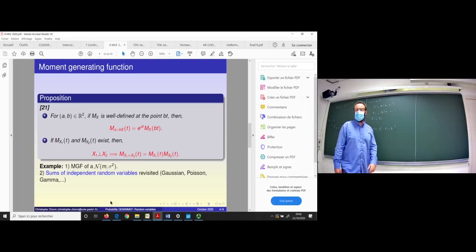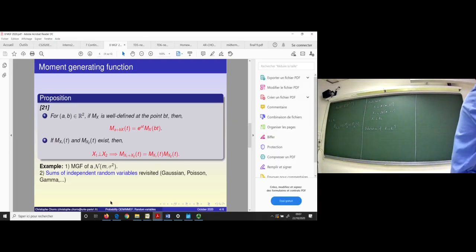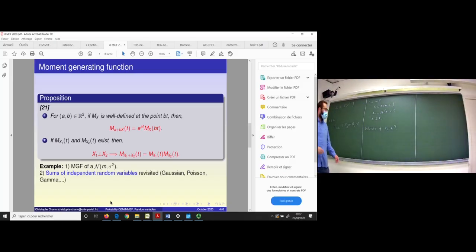So what we will use is this result: the fact that I can compute, in the case of independence, the moment generating function of a sum this way. And I just have to remind what is the moment generating function of a Gaussian random variable, something we have seen during the previous session.